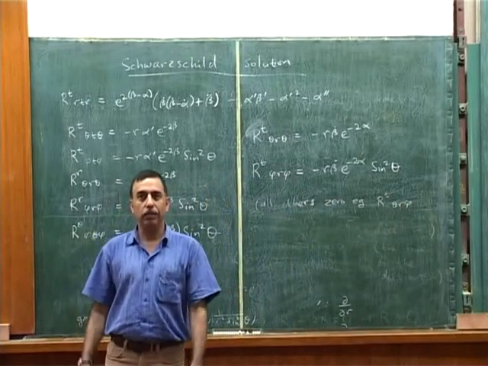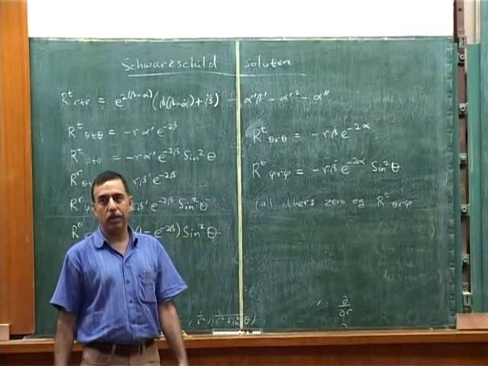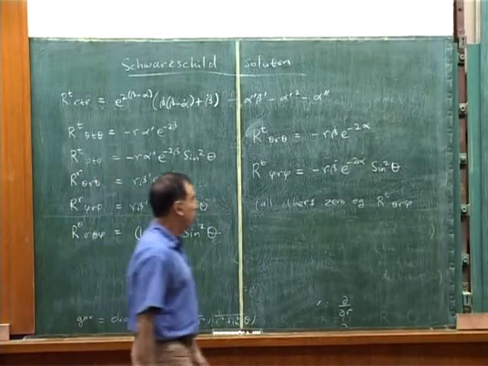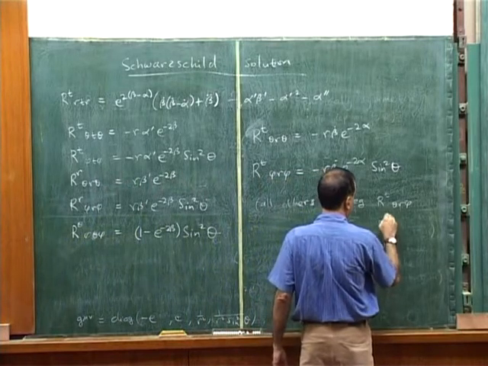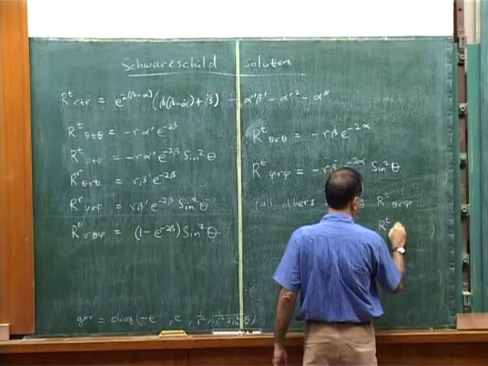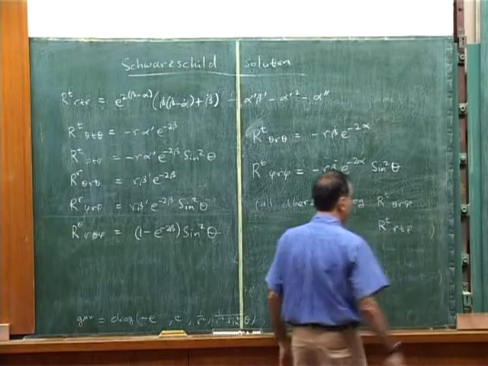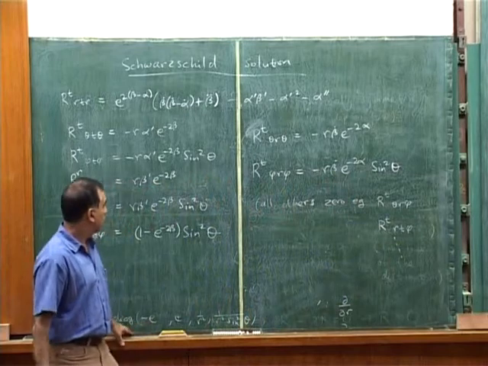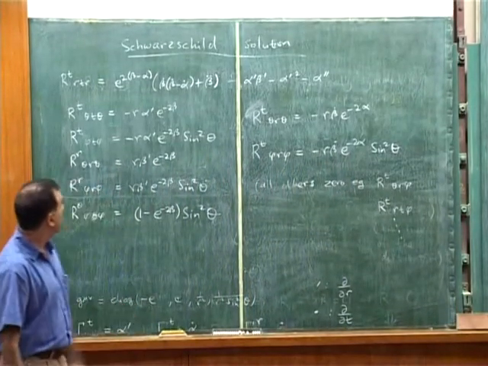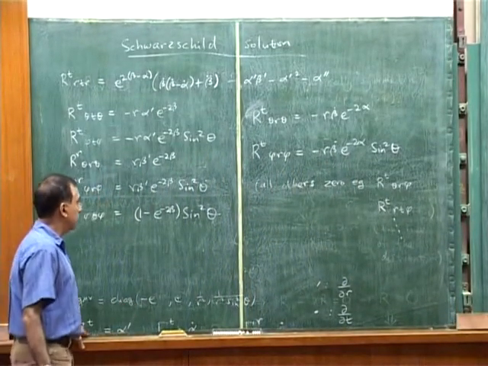In principle you have to calculate it. Turns out that in this case it's 0. Or t, r, t, phi. Lots of them. So that's the complete set of Riemann curvatures.